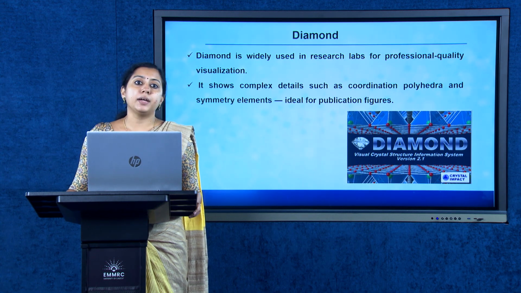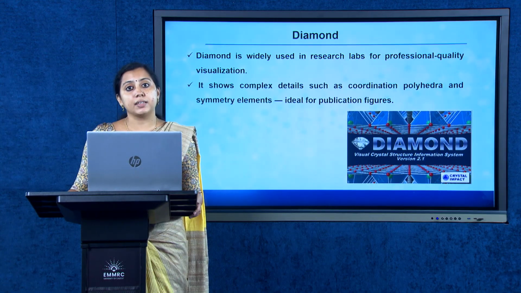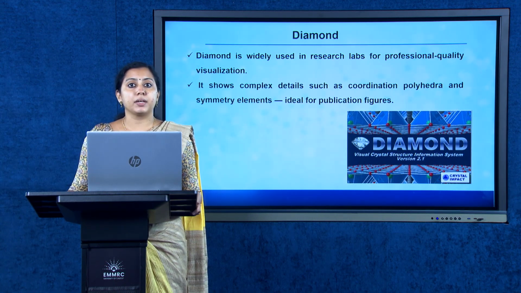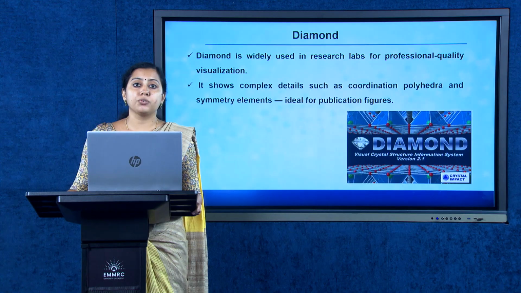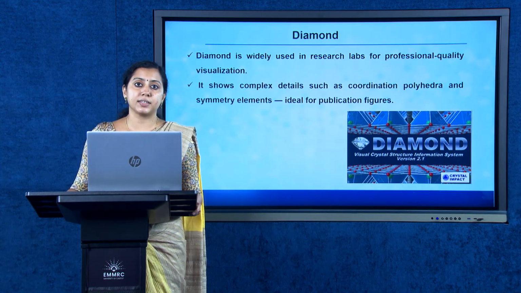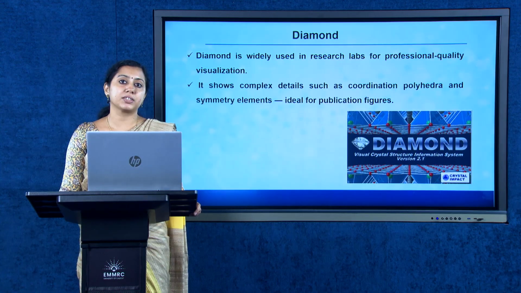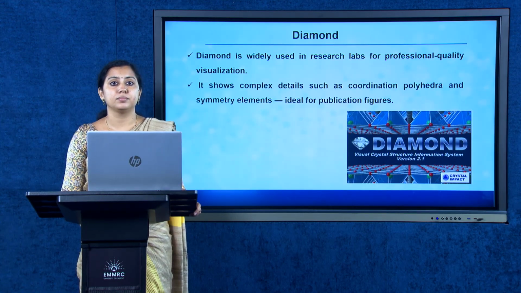Like Mercury, Diamond can also handle CIF files and we can generate various crystal structures, calculate the bond distances, bond angles. Similarly, different kinds of non-covalent interactions such as hydrogen bonding, pi-pi interactions, van der Waals interactions, etc. Now this is a paid software.